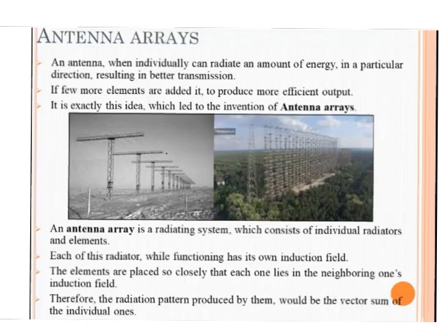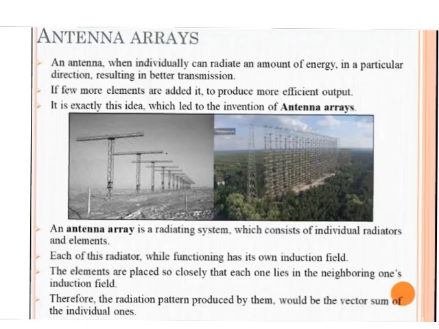As we are already aware, an antenna can radiate an amount of energy in a particular direction, and used individually it results in better transmission. So instead of using a single antenna, if we use many antennas in the form of an array, we can expect more efficient output.